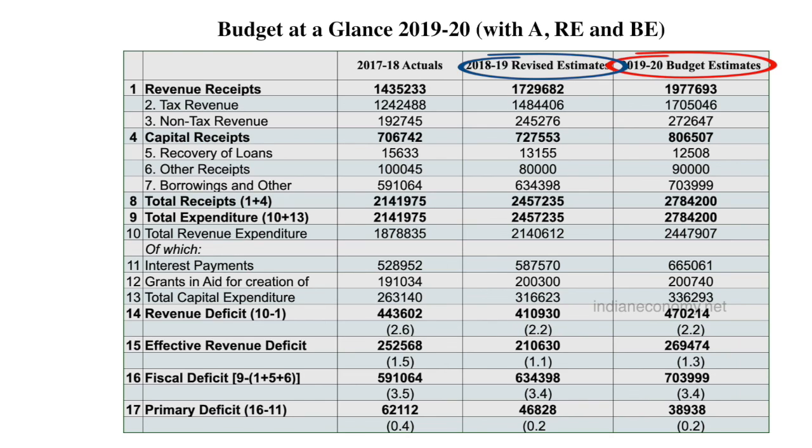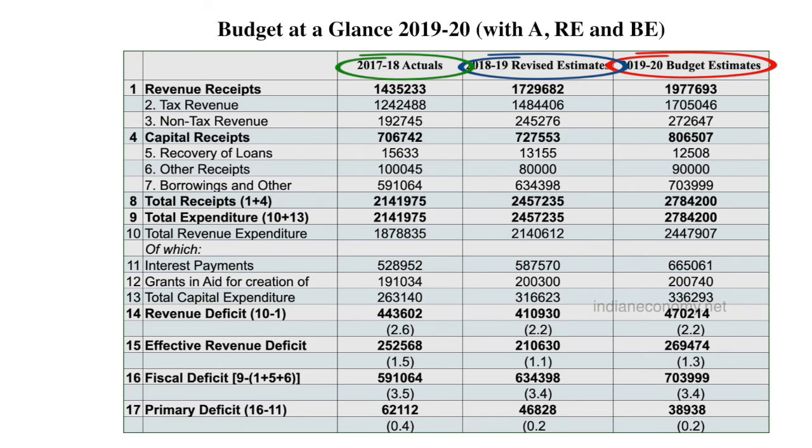Then there is the revised estimate about the current year, that means revised estimate for the current financial year of 2018-19. The current financial year is going on, it has not been completed. Similarly, there will be a budget estimate statement for the current year as well. This is just a reproduction of the last year's budget. And the next one is the actual statement for the last completed financial year.